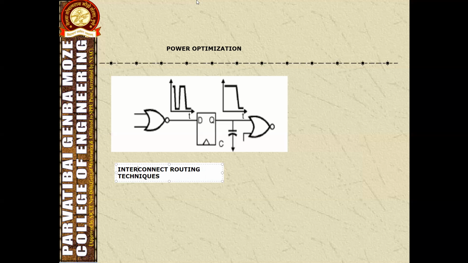In addition, floor planning is divided into three phases. First one is block placement, then global routing, and detailed placement.